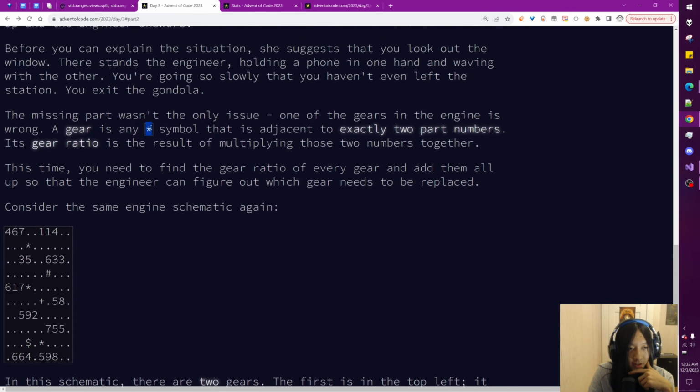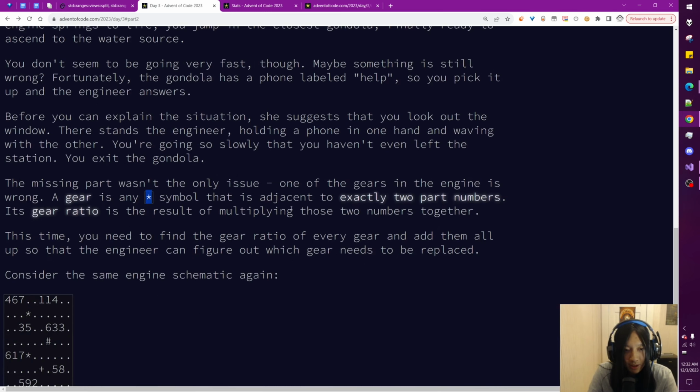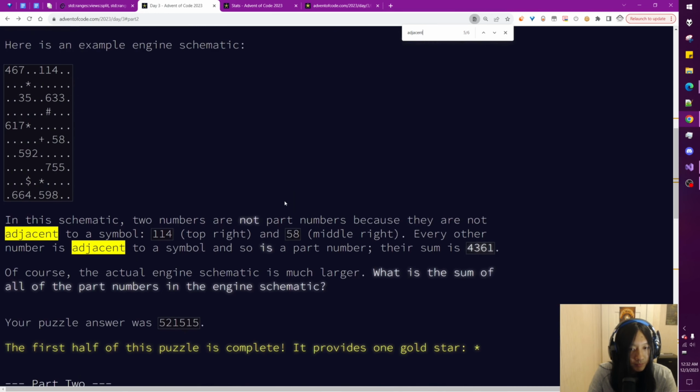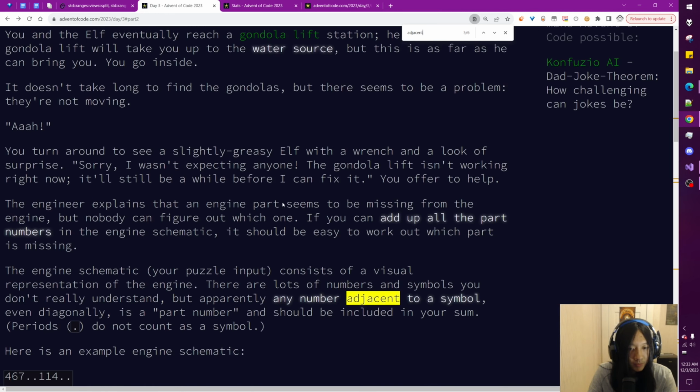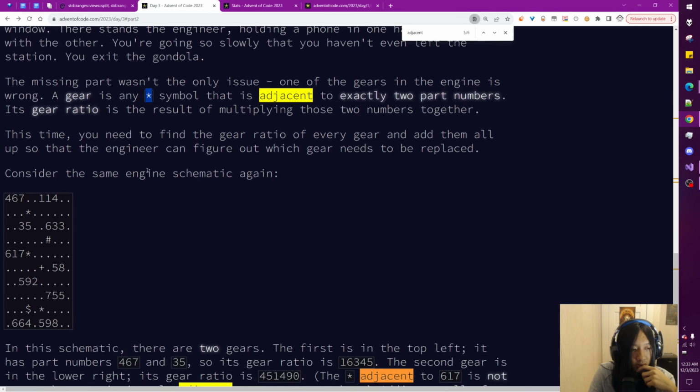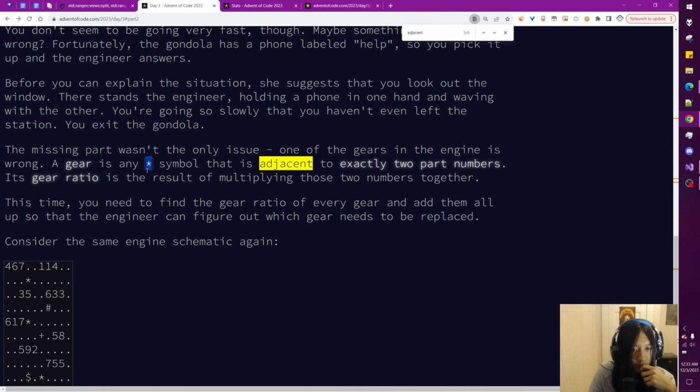Okay. Gear has to have that symbol, okay. Adjacent. And adjacent means diagonal as well, correct? Even there, okay. Find all of the ones which are okay.